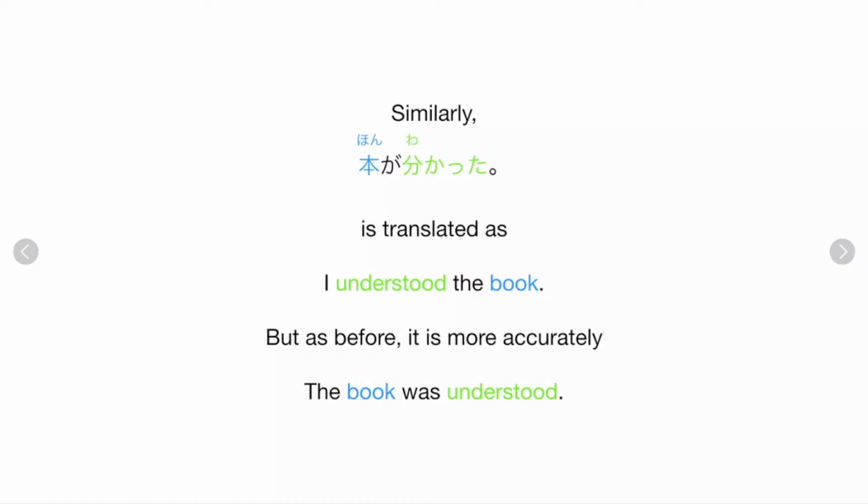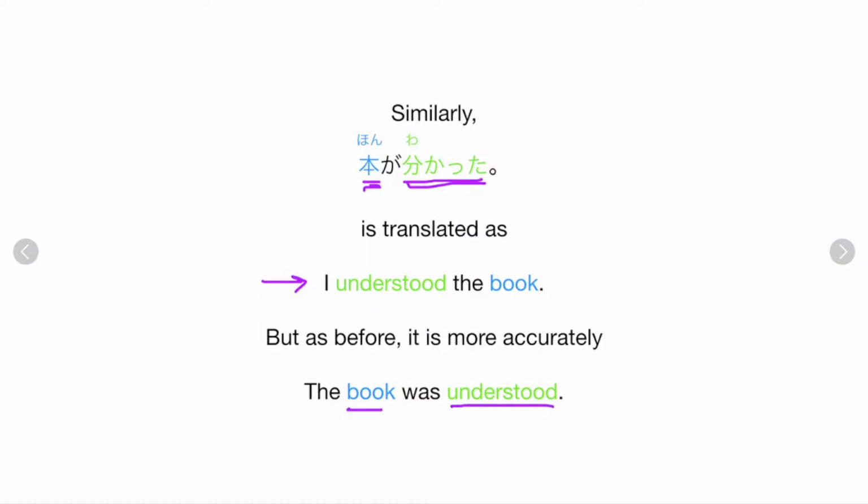Similarly, when you say hon ga wakatta, right? We say hon is book, wakatta past tense for wakaru. So hon ga wakatta, we translate that as I understood the book, but it is hon ga wakatta, not watashi ga wakatta. So really, the book was understood.